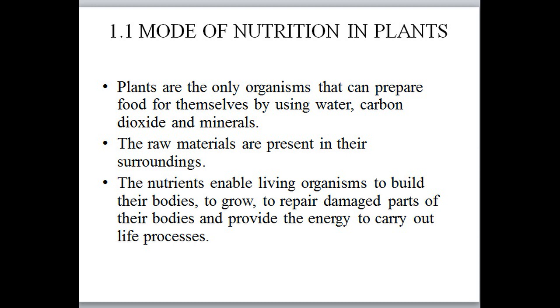So we'll study the mode of nutrition in plants. Plants are the only organisms that can prepare food for themselves by using water, carbon dioxide, and minerals. The raw materials are present in their surroundings. Nutrients enable living organisms to build their bodies, to grow, to repair the parts of their bodies, and provide energy to carry out life processes.